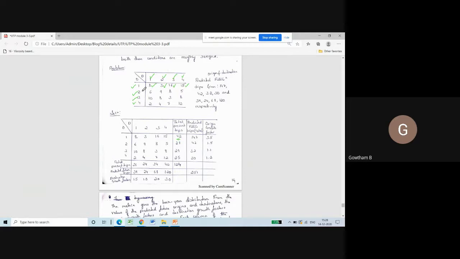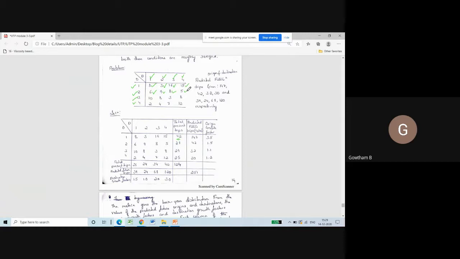Similarly, if you come to the second row, from area number 2 to area number 1, 6 trips are going. Within area number 2, 9 trips are plying. From area number 2 to area number 3, 8 trips are going. From area number 2 to area number 4, 5 trips are going.